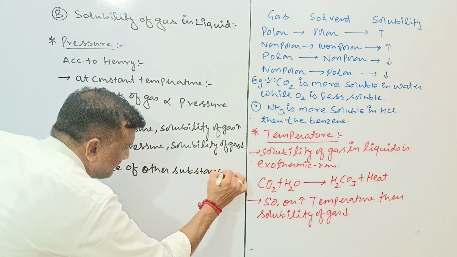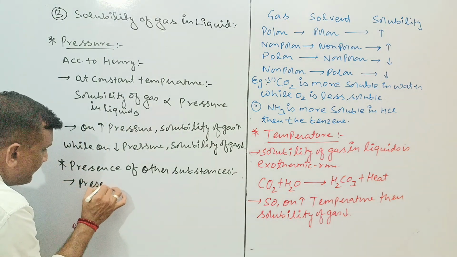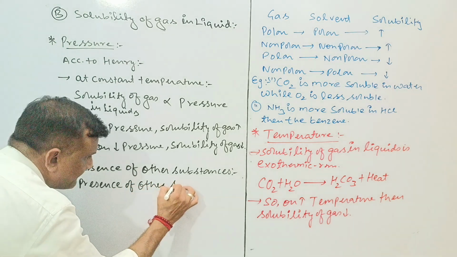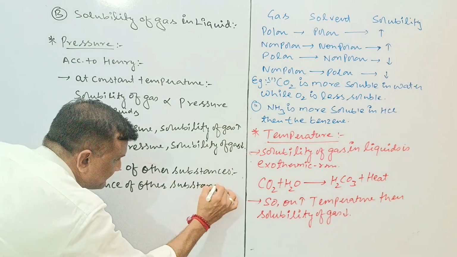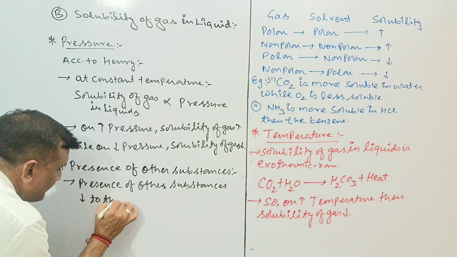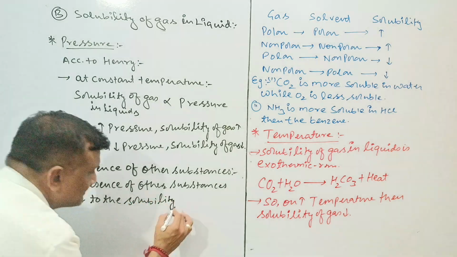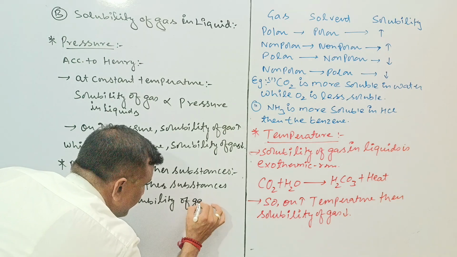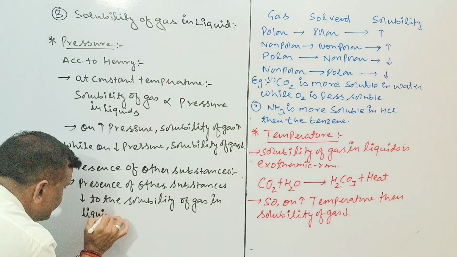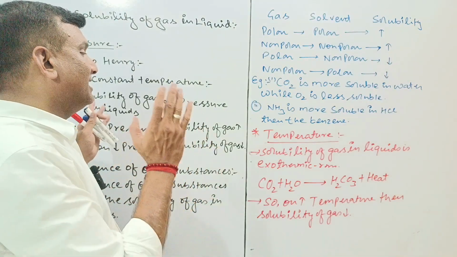Presence of other substances decreases the solubility of gas in liquids. So this was about the solubility of gas in liquid and its affecting factors.